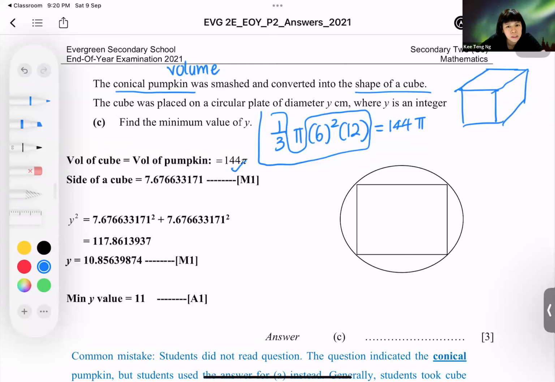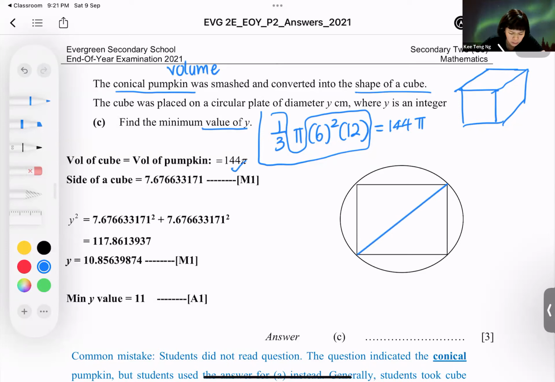So the cube was placed on a circular plate with diameter y cm. They never tell me that it fits exactly, but they want the minimum value of y. So if it fits accurately, this one over here is my diameter.